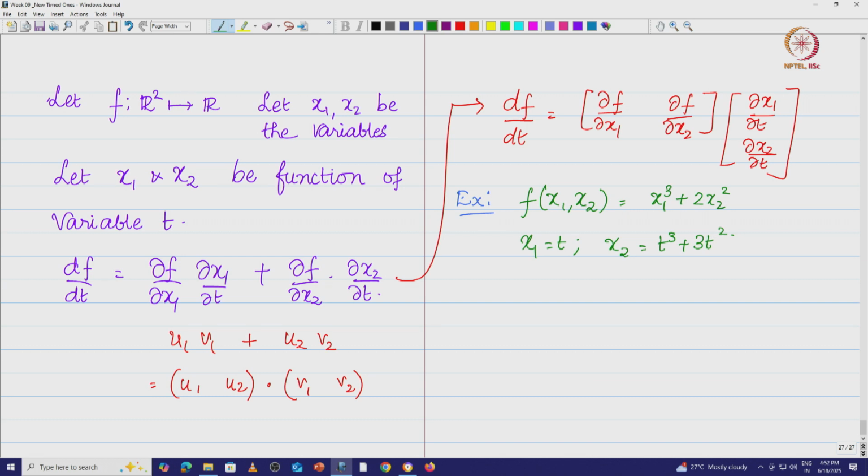So, let us figure out dou f by dou x1, dou f by dou x2, dou x1 by dou t and dou x2 by dou t. What is dou f by dou x1? The partial derivative of f with respect to x1 is 3x1 squared, and dou f by dou x2 is 4x2.